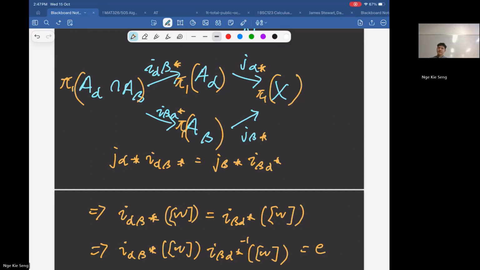Because you already include the loops, it is just inclusion. Inclusion means it is the original loops.